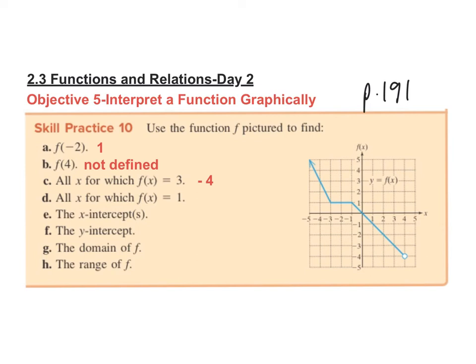All right, for part D, I saw some good answers and I saw some not so good answers, but I understand why you put them, okay? So for f of x equals 1, we're actually talking about this segment right there. All points on that segment are included, not just the integers. So I saw a bunch of you that wrote negative 1, negative 2, and negative 3. Well, there's a bunch of points in between negative 1 and negative 2.